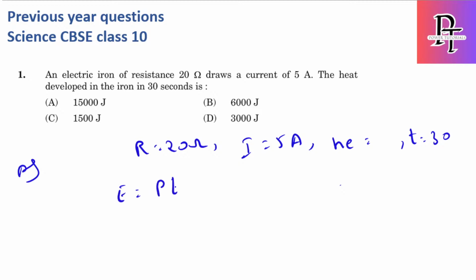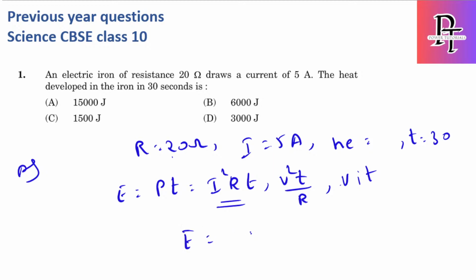P into T, I square RT, V square T by R, another one VIT. Based on it we have I and R, so we have to use this formula here. So energy, which is the heat, is I square, that is 5 square, into resistance 20 and time 30 seconds. So we get 15,000 joules, which is C.